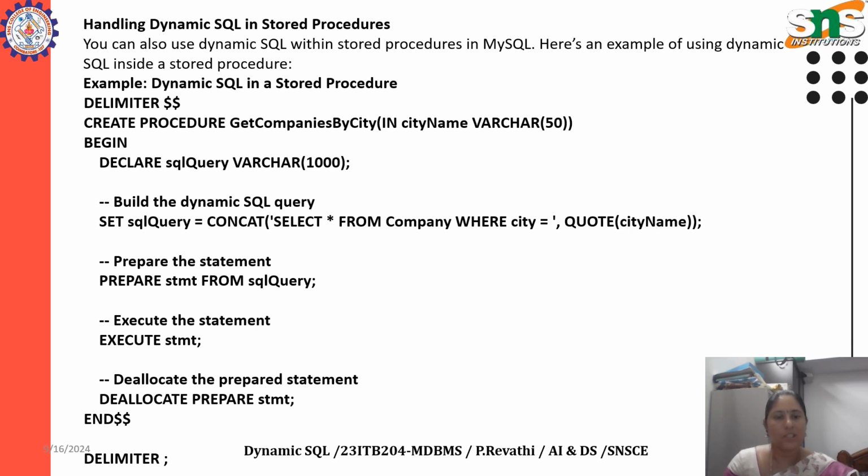DELIMITER, CREATE PROCEDURE GetCompaniesByCity(IN city_name VARCHAR(50)) BEGIN DECLARE sql_query VARCHAR(1000). Now we have to build the dynamic SQL query using SET sql_query = CONCAT('SELECT * FROM company WHERE city = ', QUOTE(city_name)).